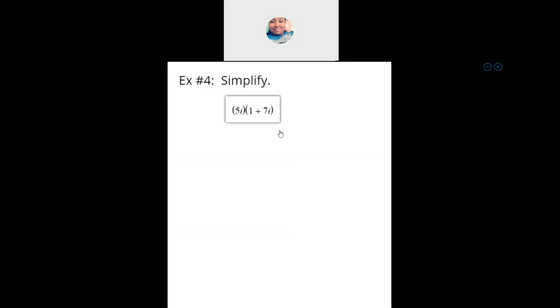The difference is before it was one monomial times one monomial. Mono means 1. This one is a monomial times a binomial, because this has 2 terms. So anytime it happens like this, you definitely want to distribute.